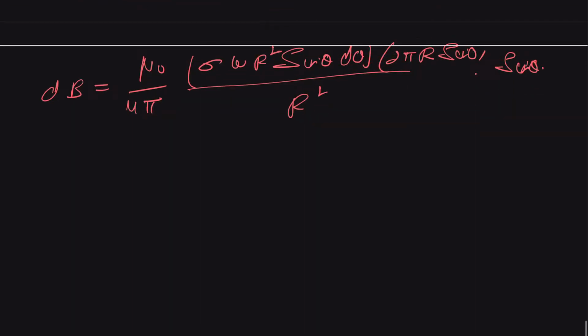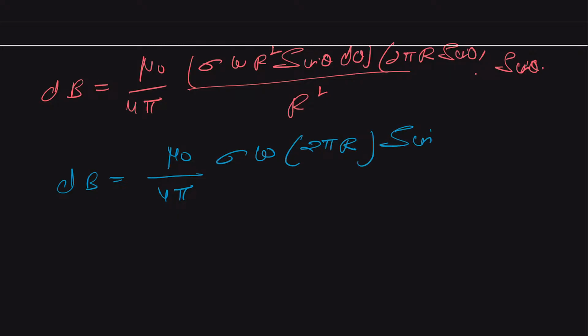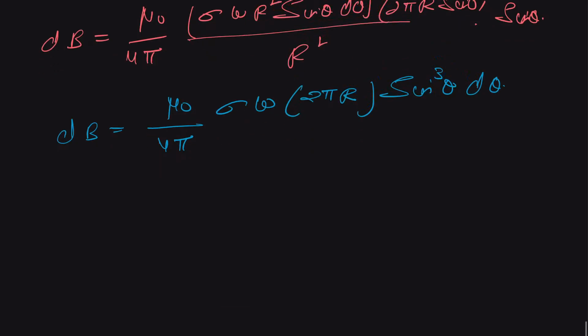So we get that the magnetic field will be equal to mu naught 4 pi omega, and this is 2 pi r sine cube theta and d theta. So this is our magnetic field because of one ring.